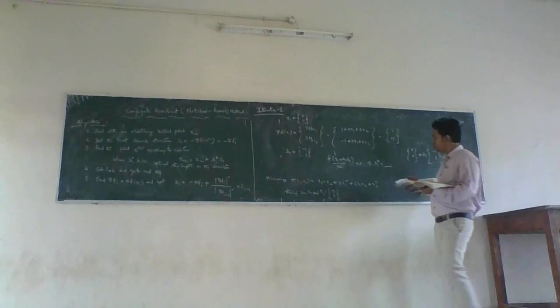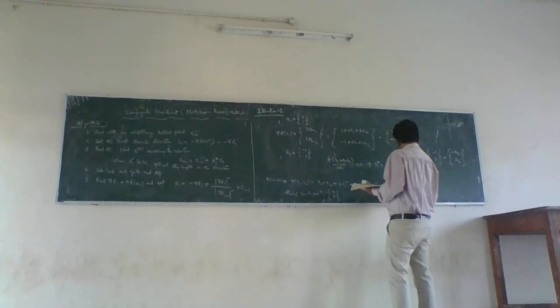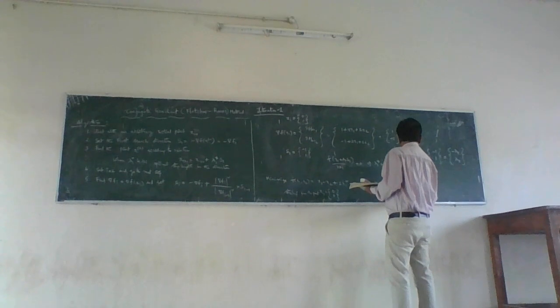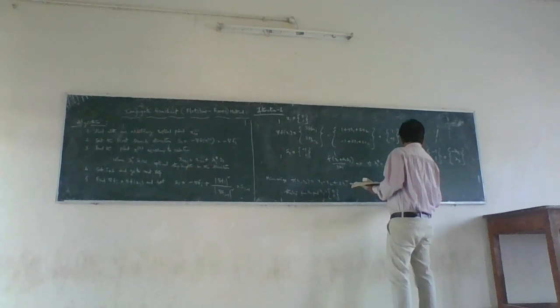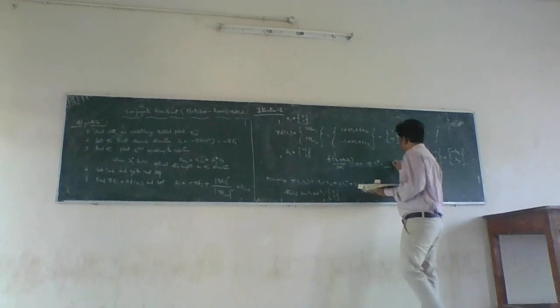If I substitute, I will get lambda 1 square minus 2 lambda 1. If I differentiate with respect to lambda 1 and equate to 0, I will get lambda 1 star is equal to 1.